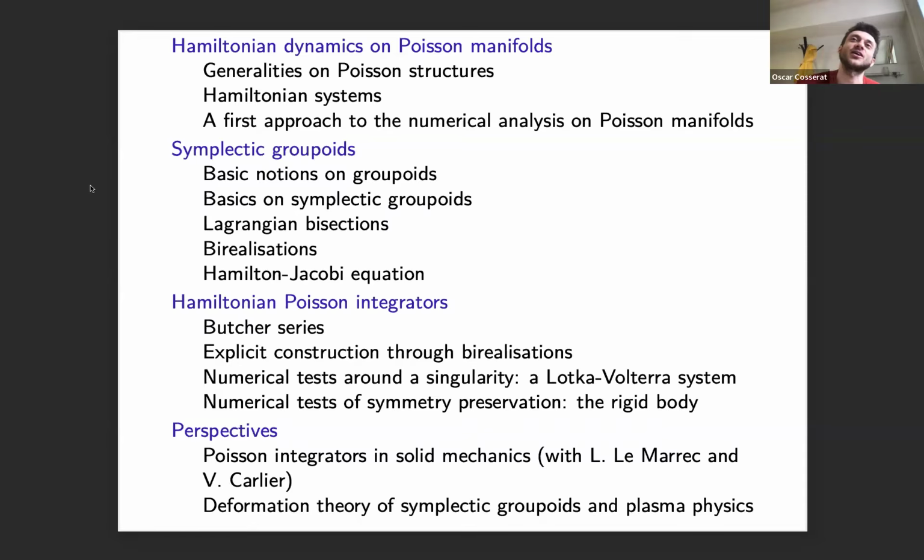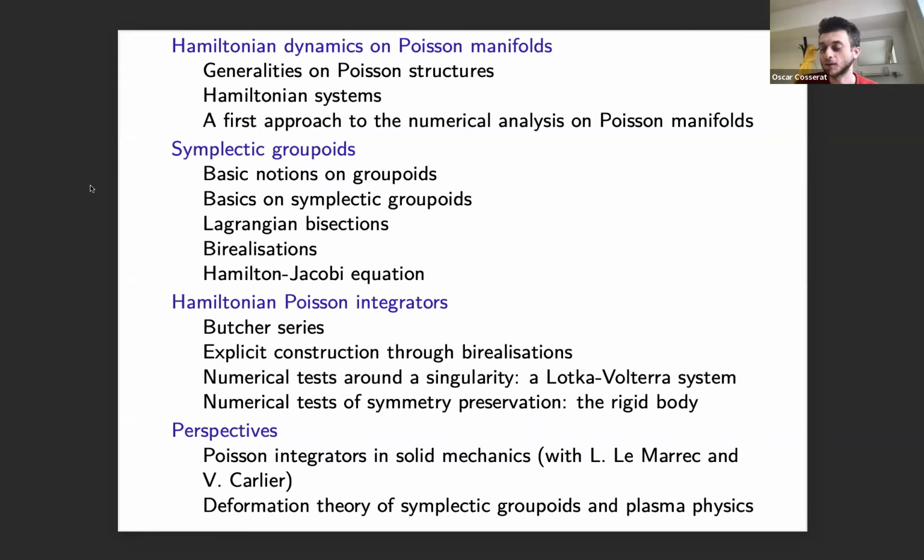And so in the second lecture, we have seen mathematical tools such as groupoids, for instance, and symplectic groupoids that allowed us to provide ways to deal with the symplectic foliation of a Poisson manifold for the Hamiltonian trajectories.